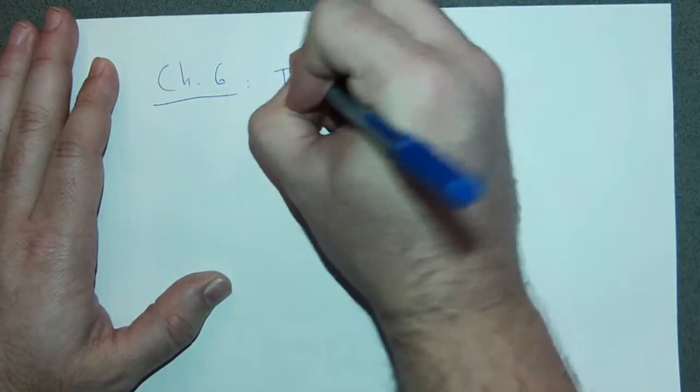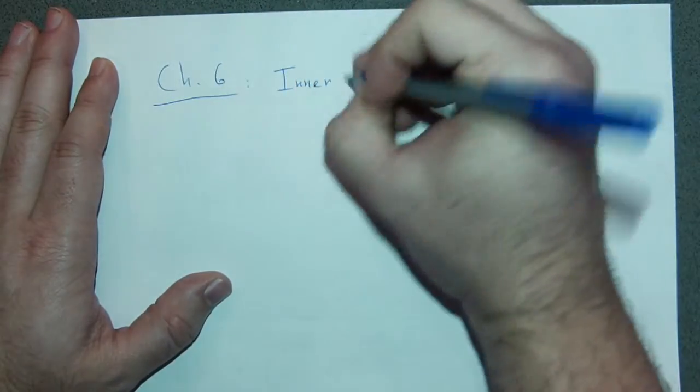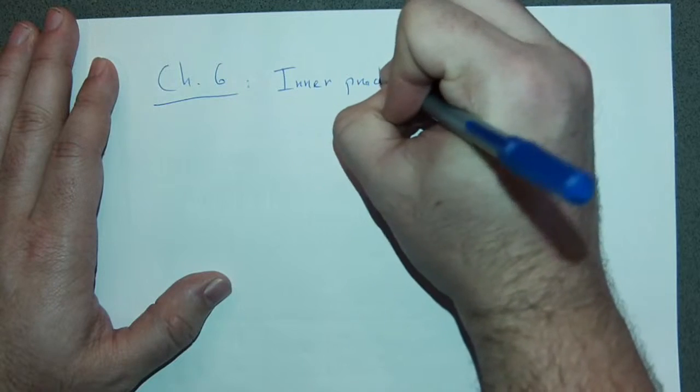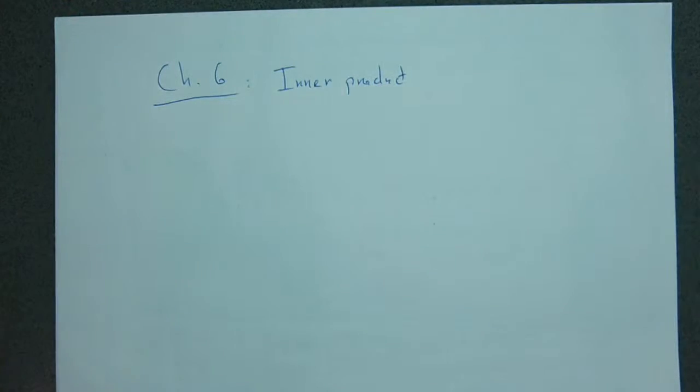And so we come to chapter 6, which takes us back to abstract. Well, actually, at first we do all this stuff in Rn, but a lot of our treatment of it is going to be reminiscent of what we did in chapter 4.